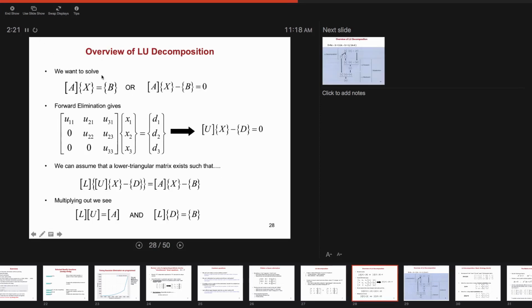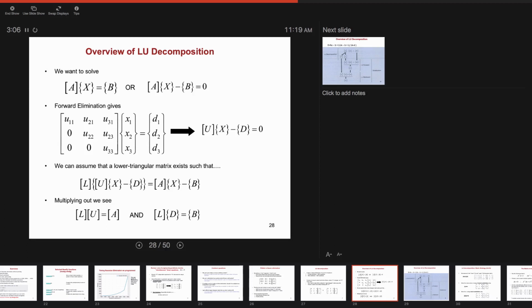Formally, if I have a problem AX is equal to B, in this forward elimination I end up with this upper triangular matrix, and I will end up with something looking like UX is equal to D. Reality is that there is actually a lower triangular matrix that I can multiply this U by and get A. So my A is actually equal to LU, where L is lower triangular and U is upper triangular.